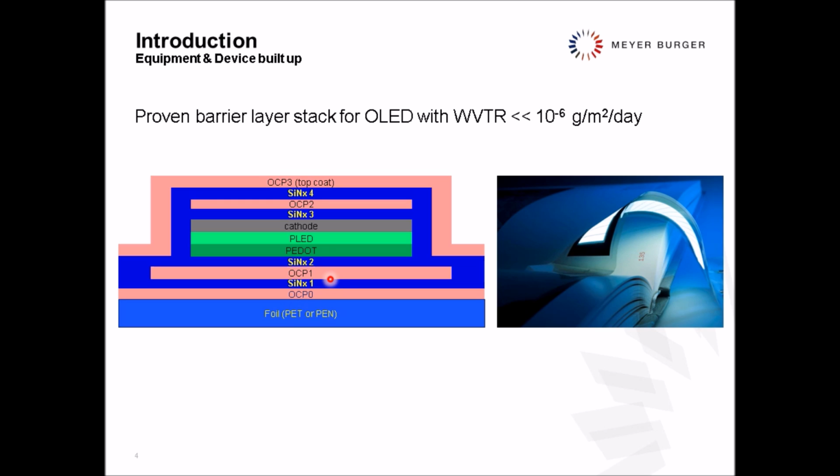At this moment we will have a barrier for the bottom that ensures the water vapor transmission rate that we want, therefore reaching this 10^-6 grams per square meter per day. We can place here an OLED, and on top of the OLED we will need again a barrier which will again be made out of two dyads.